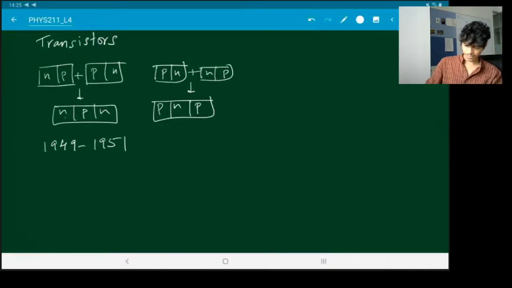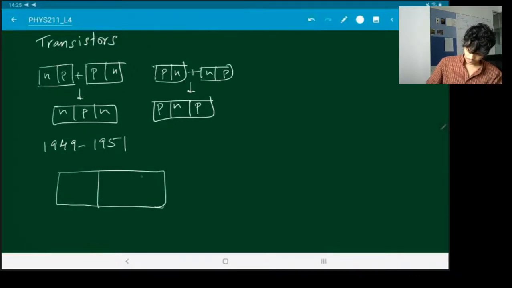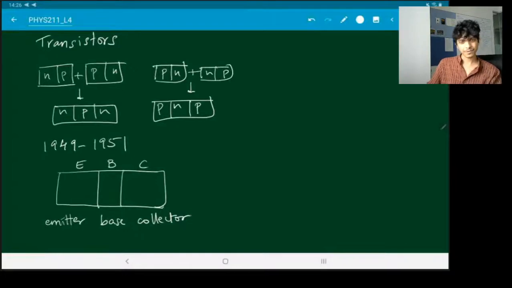And well, these have three parts which are referred to as the emitter, the base, and the collector. I believe you have also studied transistors very briefly in your 12th standard.